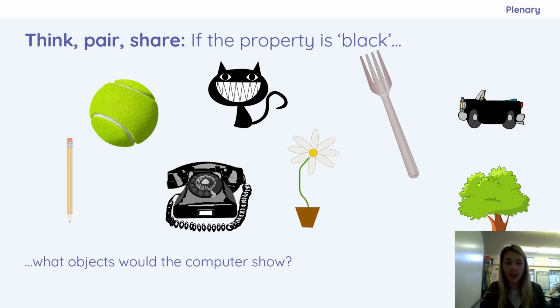Okay, so if I was searching in my computer for objects that have the property black, which objects that are on the screen now would be shown? Which objects would be shown?